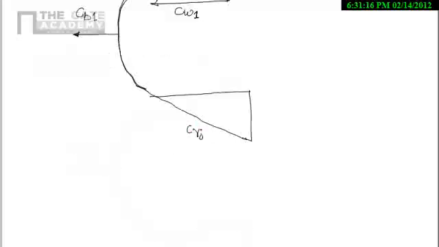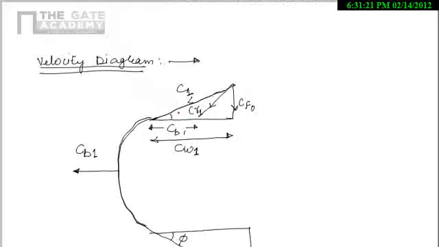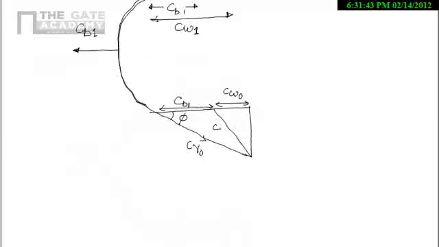We are having Cr0, that is relative velocity. This angle is phi and this angle was alpha. Here it was theta. So phi here we draw. So this one is Cb1, this one is Cw0, that is at outlet, C0, Cf1. So this is at inlet and outlet.